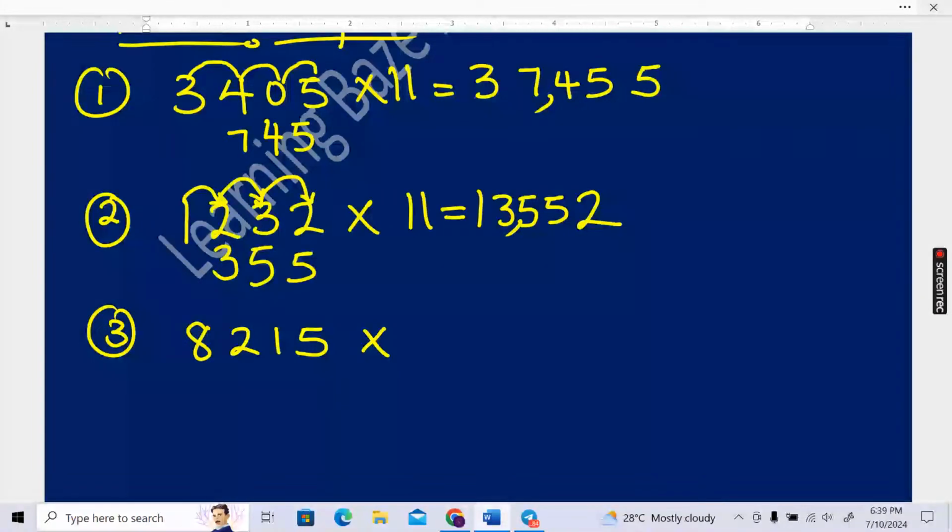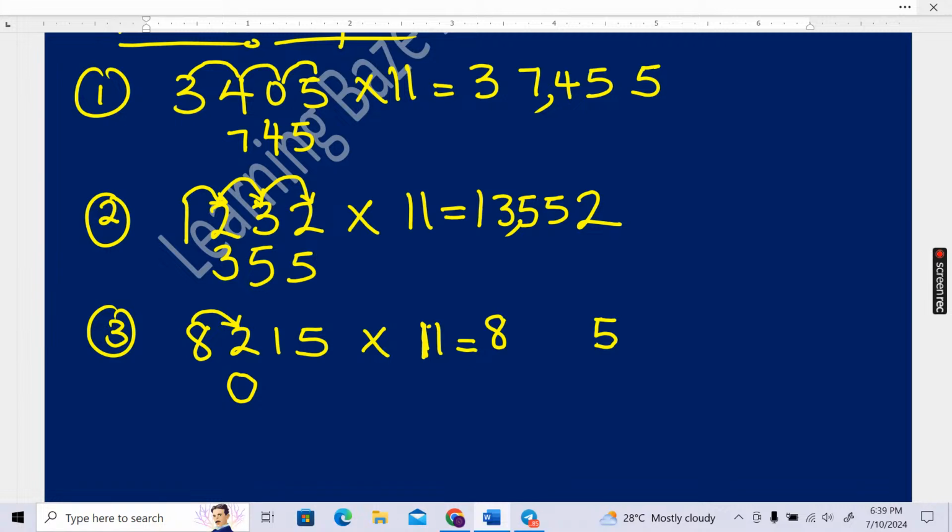So what is 8,215 times 11? We're going to write down the first digit and the last digit with a space in between. Then we can come back to the numbers and begin to add. Now, 8 plus 2 is 10. I'm going to write only 0 right here.